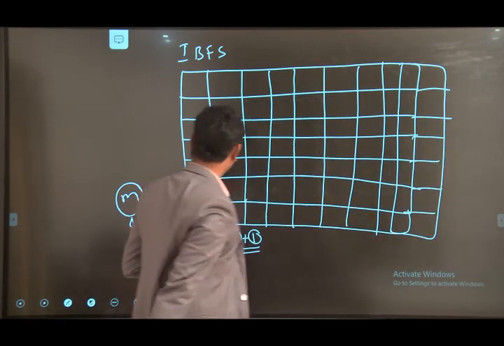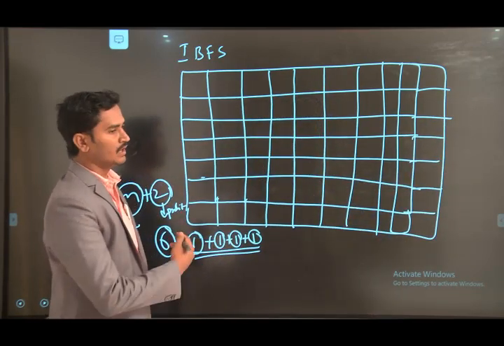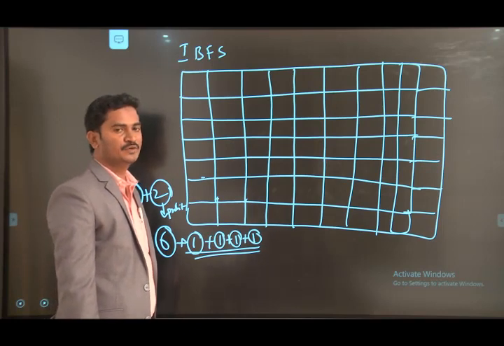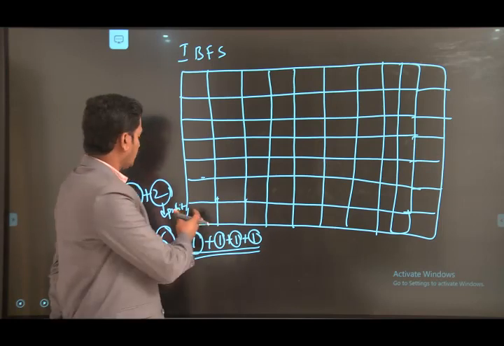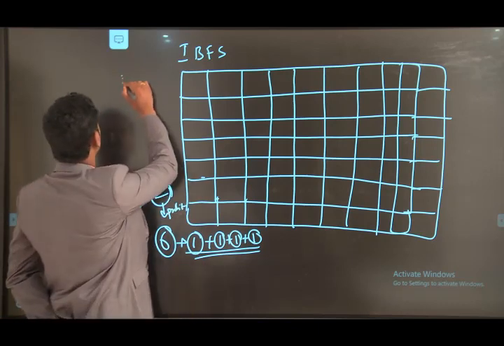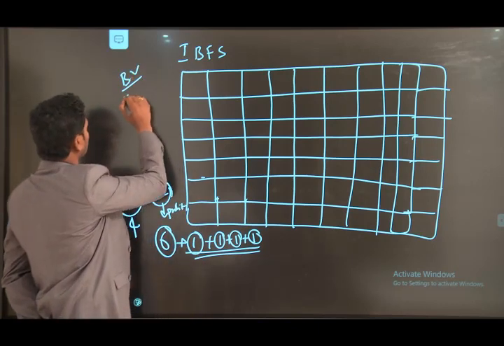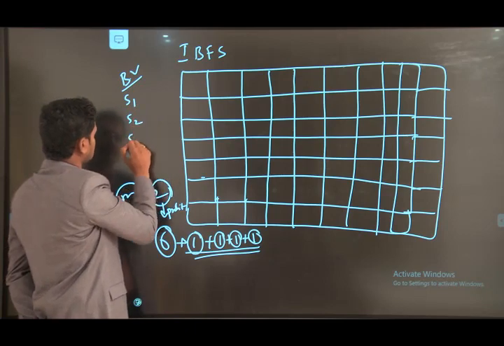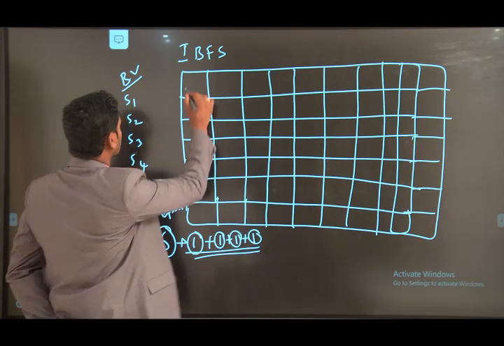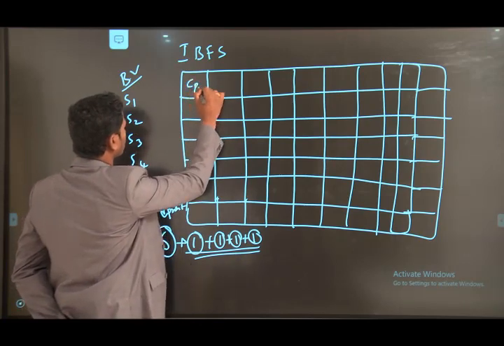Coming to the first column, what do we have to take in the first column? We have to take the contribution value of basic variable. What are the basic variables in our case? Basic variables are S1, S2, S3, S4. What is the contribution value of a basic variable?